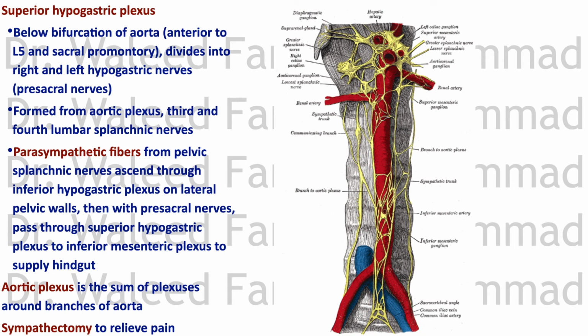Now, the superior hypogastric plexus, the one I mentioned, it's in front of L4 and L5, actually, and the promontory, and formed by the lower lumbar splanchnic nerves and part of the aortic plexus, as you can see here. The parasympathetic outflow from the pelvic splanchnics, S2, 3, and 4.